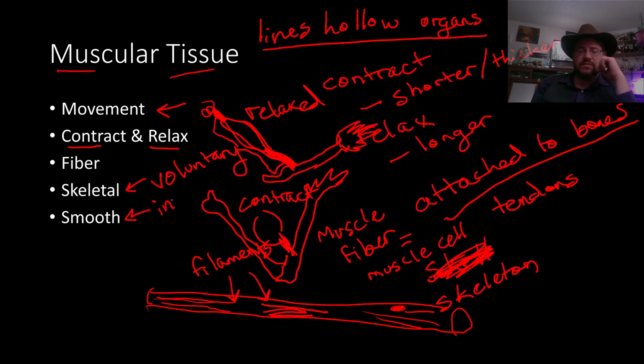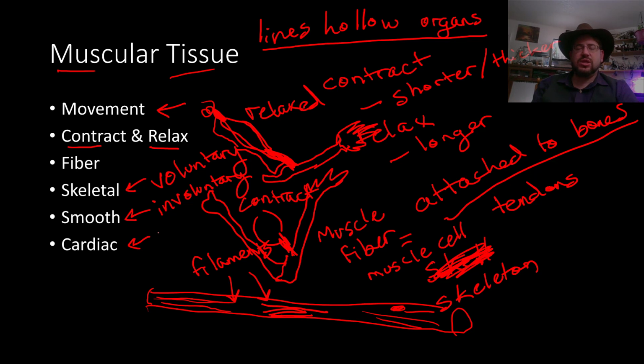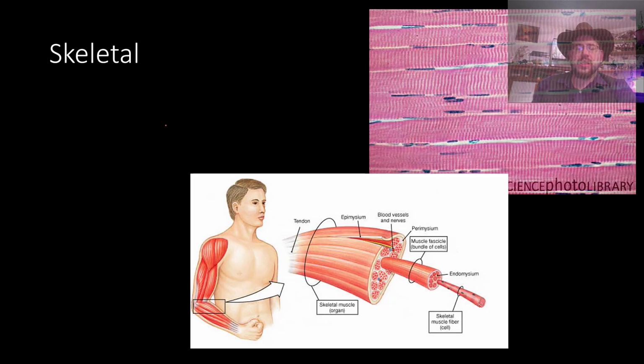It is involuntary. It does not contract as nicely as skeletal muscle. And then lastly, you've got cardiac muscle, and you can probably guess what structure cardiac muscle is associated with. It's the heart.